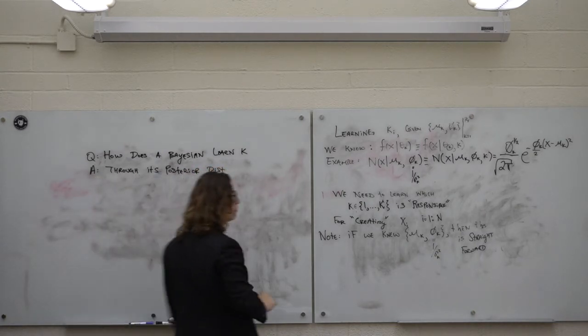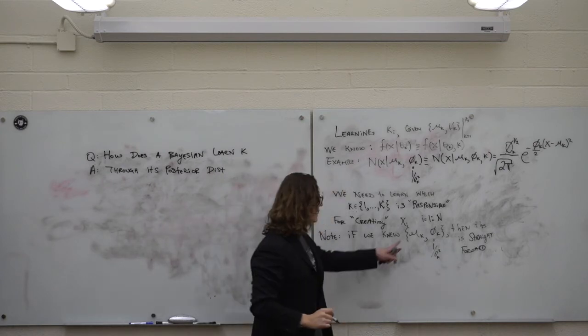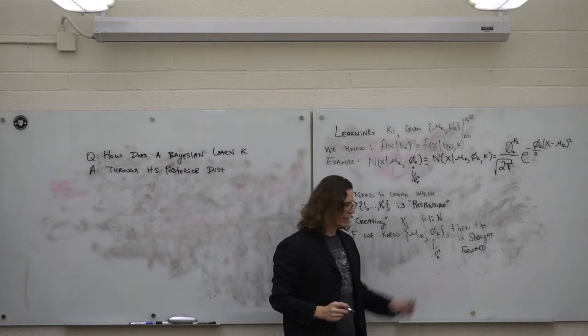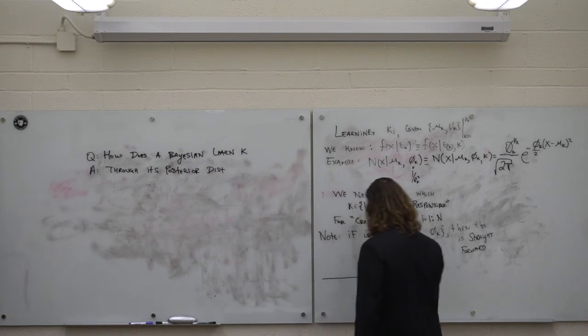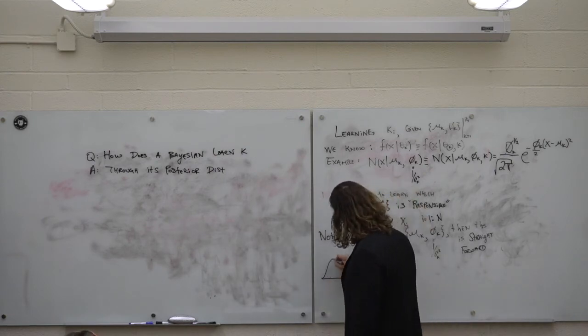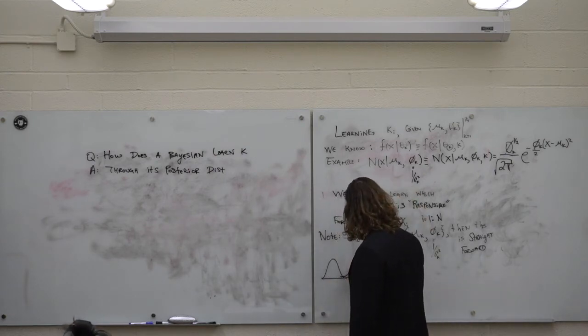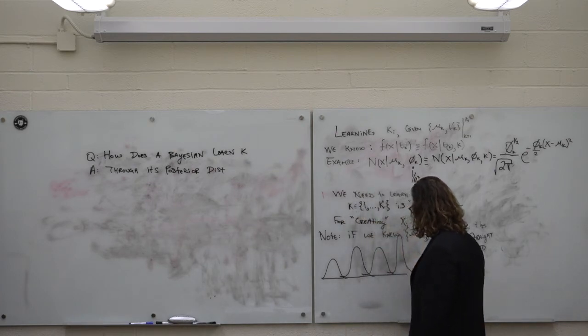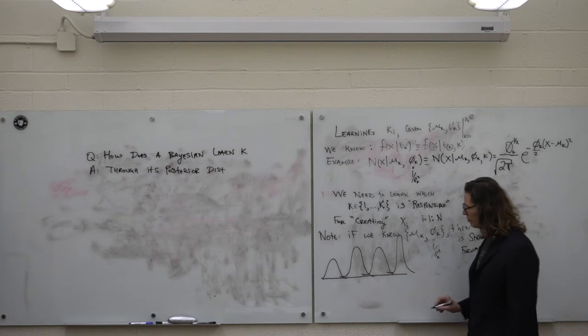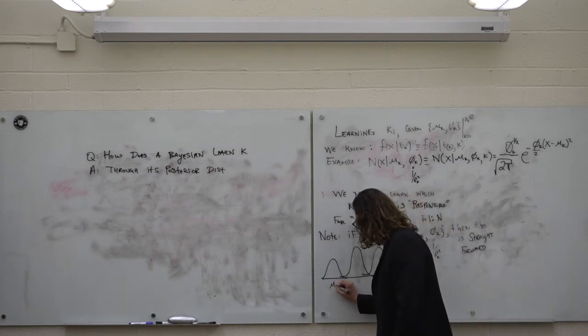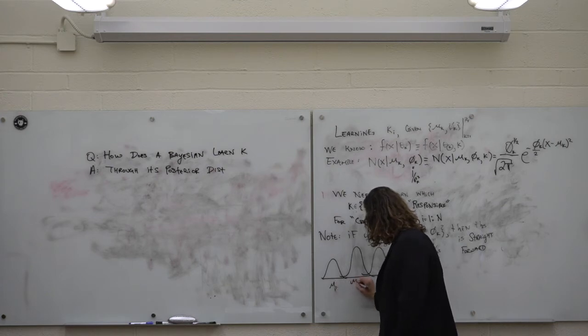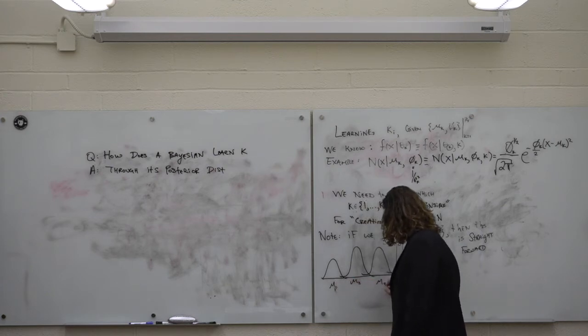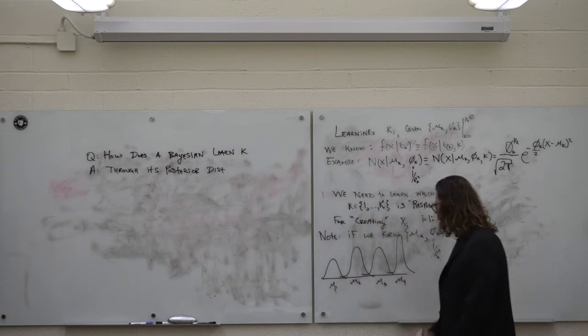Remember that I'm pre-assuming that I get to know these right here. So let me redraw my picture. Imagine I've got a 4-component mixture model. So this is going to be mu k right here, mu1, mu2, mu3, mu4, if you will.